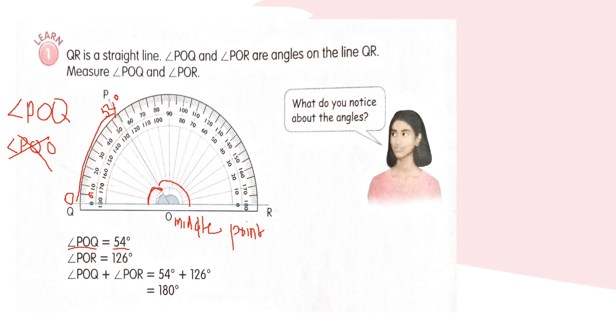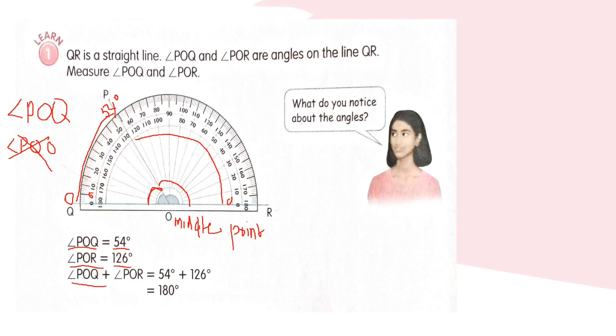That's why you need to look at this number here, this one. Okay, start from 0 and then here 120. This is 5 and then 6. So POR is equal 126 degrees.